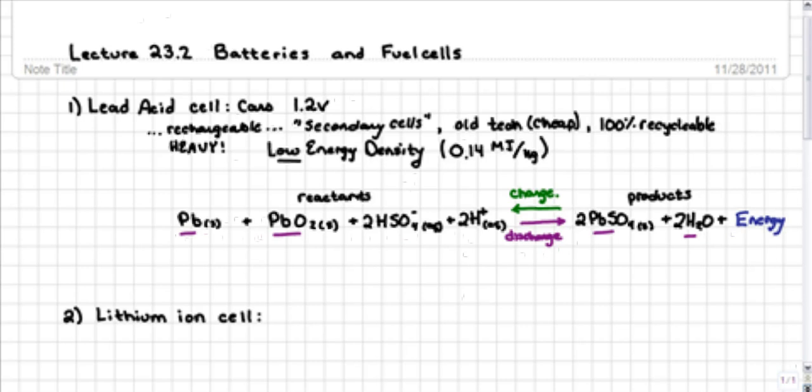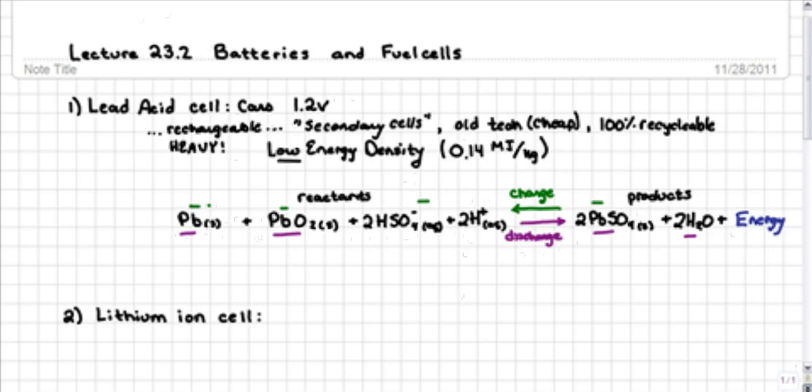In other words, if you hook the battery up to a charging source of some sort, you are converting the lead sulfate into sulfuric acid, lead oxide, and solid lead again, returning what was a product back to the reactant side, at which point the battery, once it's charged, is ready to deliver energy to the environment once again.